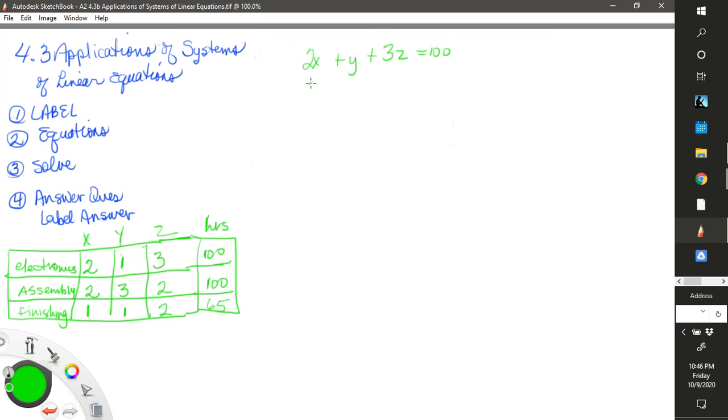And you get 2x plus 3y plus 2z, and that equals 100. And we have 1x plus 1y plus 2z, and that equals 65.